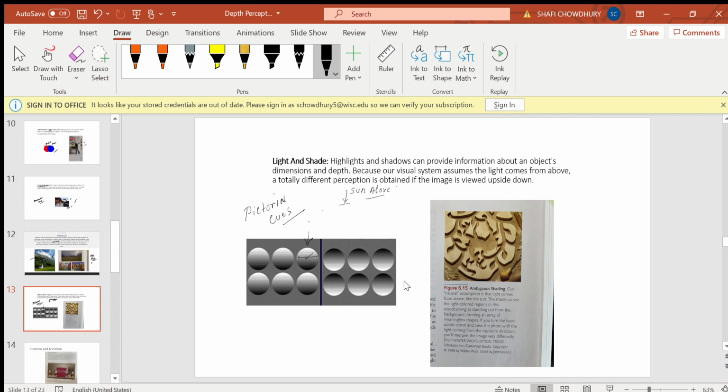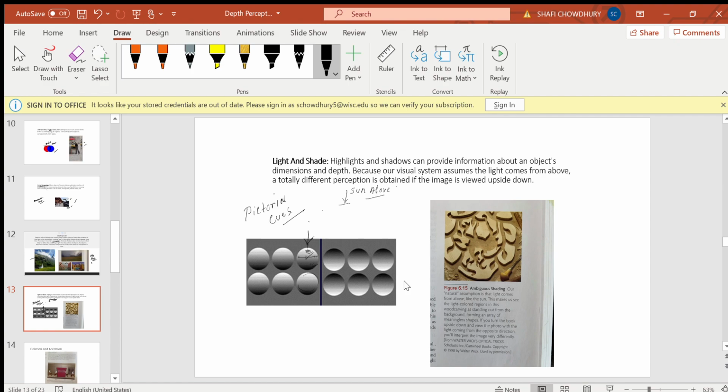And this object, although on 2D, your brain is perceiving that this part is first getting the light, so light is coming from this way, and this whole thing is elevated. Since it is elevated, the back part is not getting the light. So that gives you a perception that it is pushed out, like an elevated object.